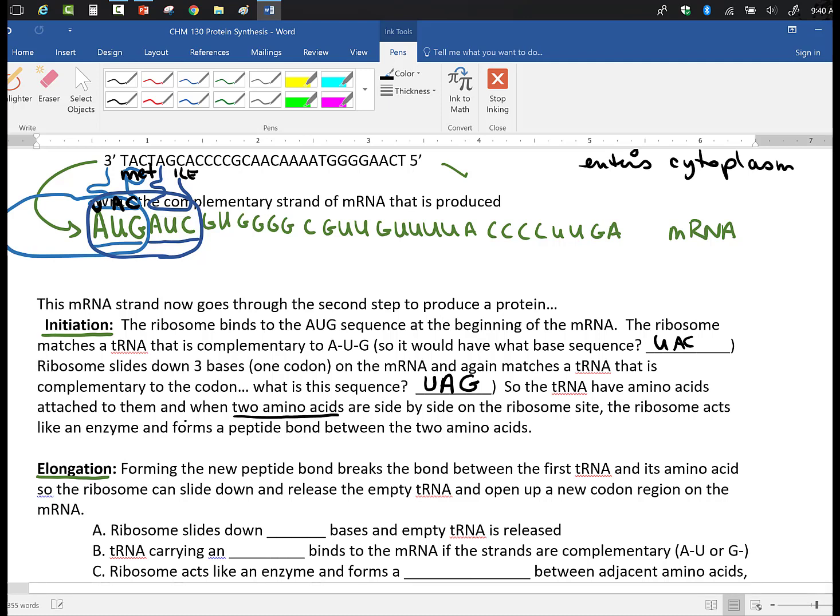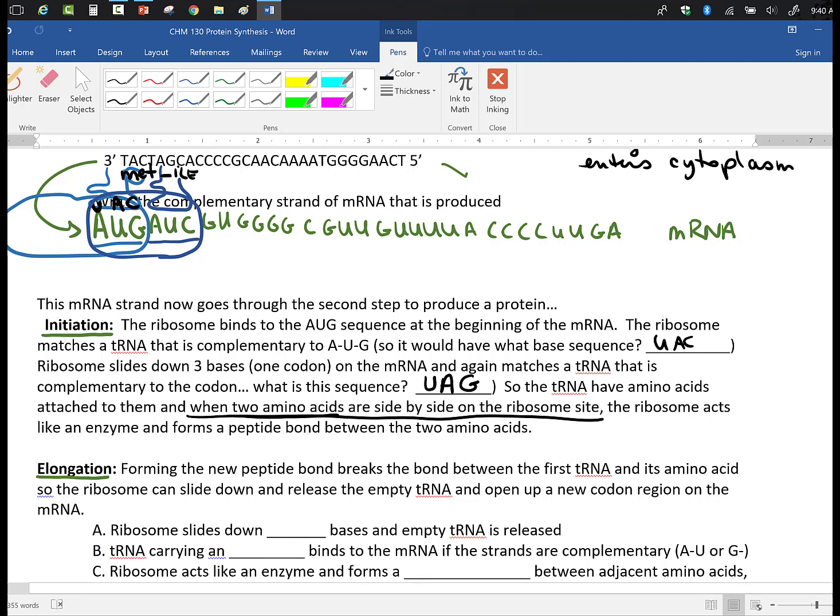When two amino acids are side by side on the ribosome, with the ribosome and the two tRNAs, this is when the ribosome acts like an enzyme and forms the peptide bond. It does this to link these two amino acids together.